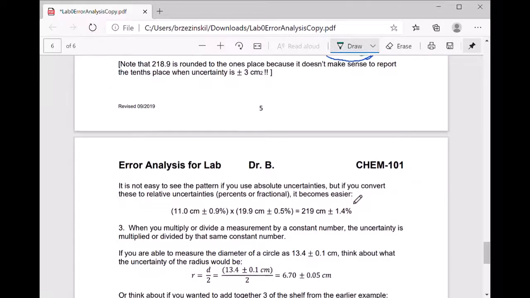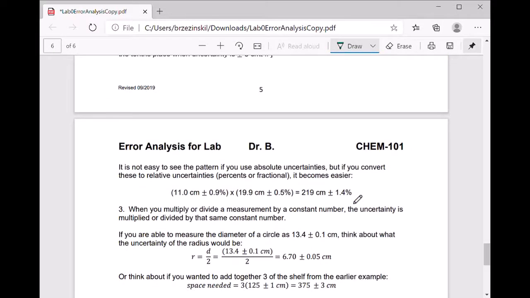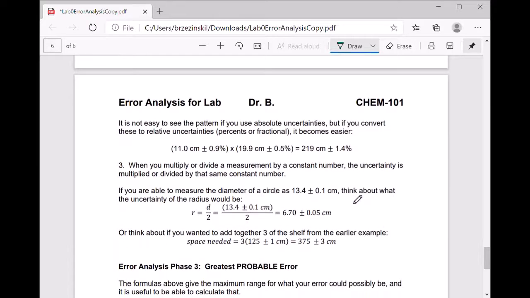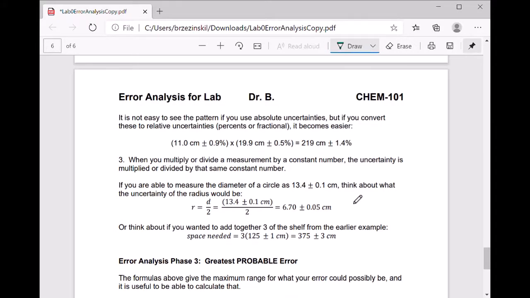So that doesn't make sense if we are looking at the 0.1 centimeter in the measurement, the absolute error, but it does make more sense if we use the relative uncertainty. So 0.1 centimeters over 11 centimeters.